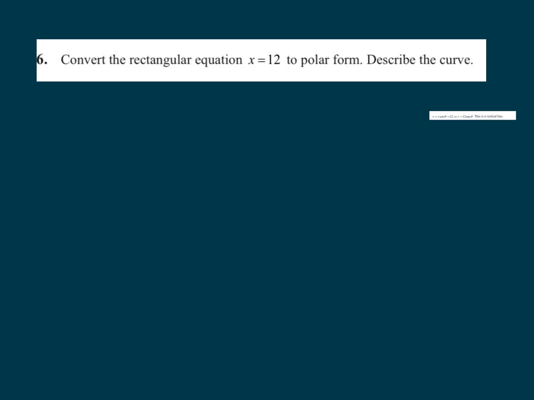Now we are going to convert from a rectangular equation, the equation x equals 12. The equation x equals 12 is x equals 12 for all y, so it's this line. This is a vertical line.